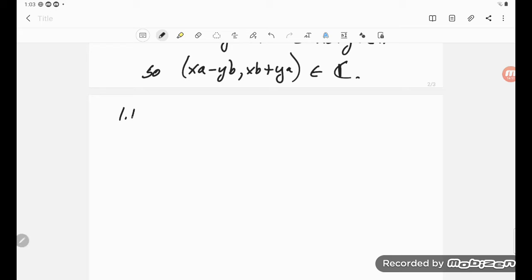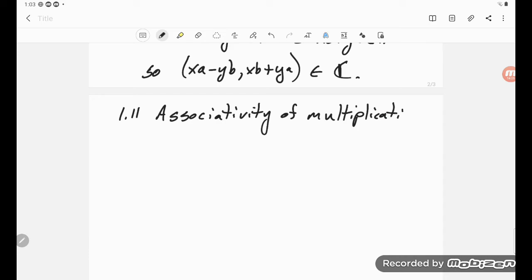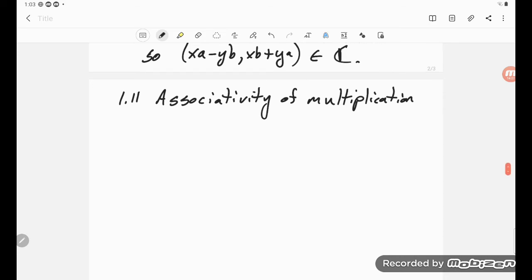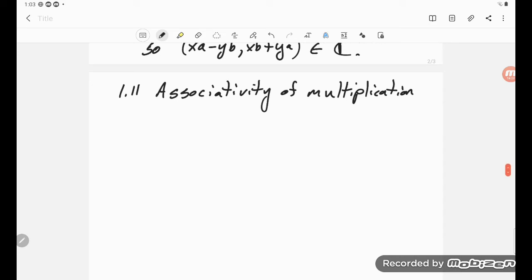Then 1.11, associativity of multiplication. What I'm doing is making sure you realize the names of these things.